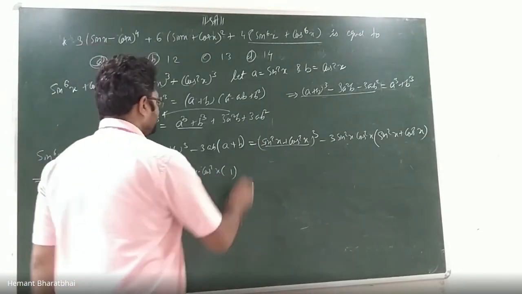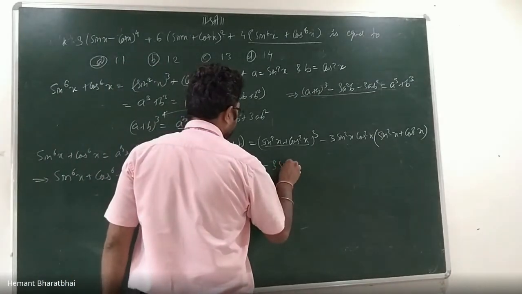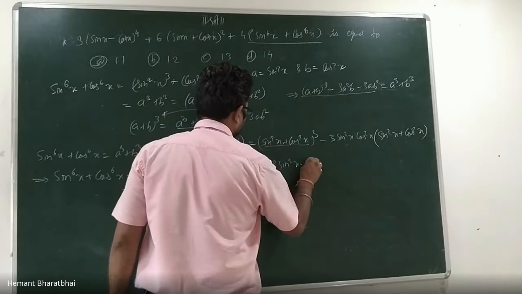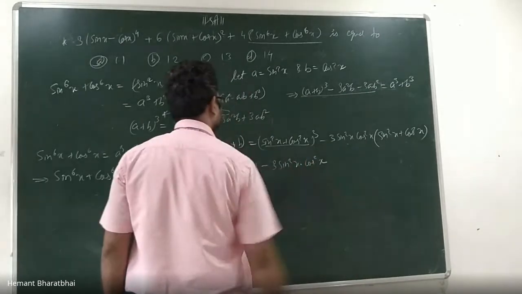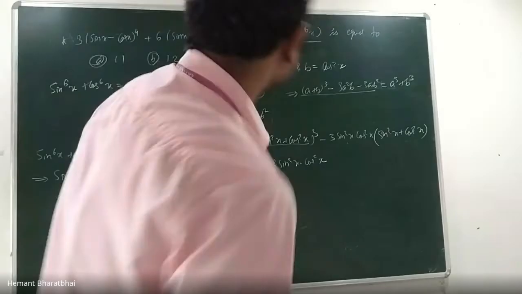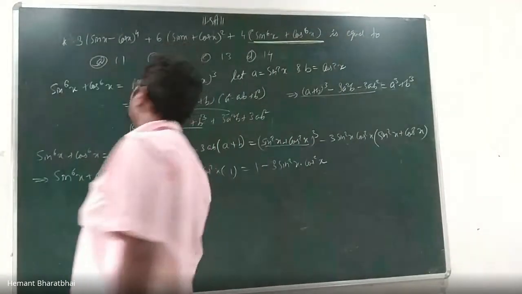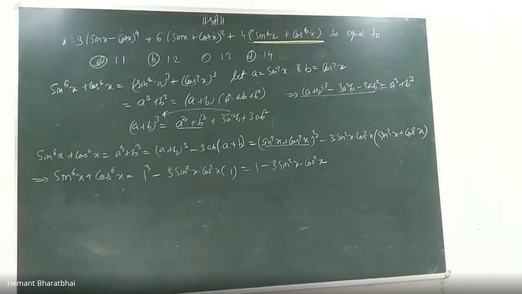So 1 cube is 1 only, therefore I'll get 1 minus 3 sin square x into cos square x. So this is the value of this term. Okay, I have found out the value of this term.